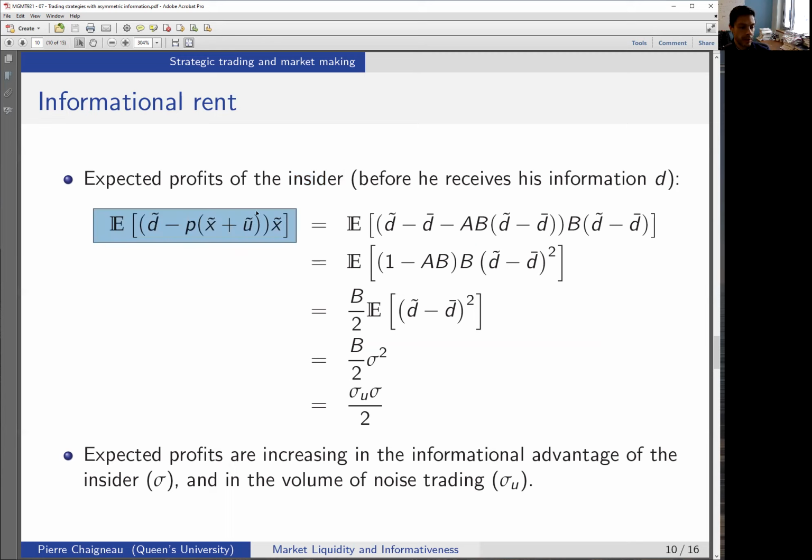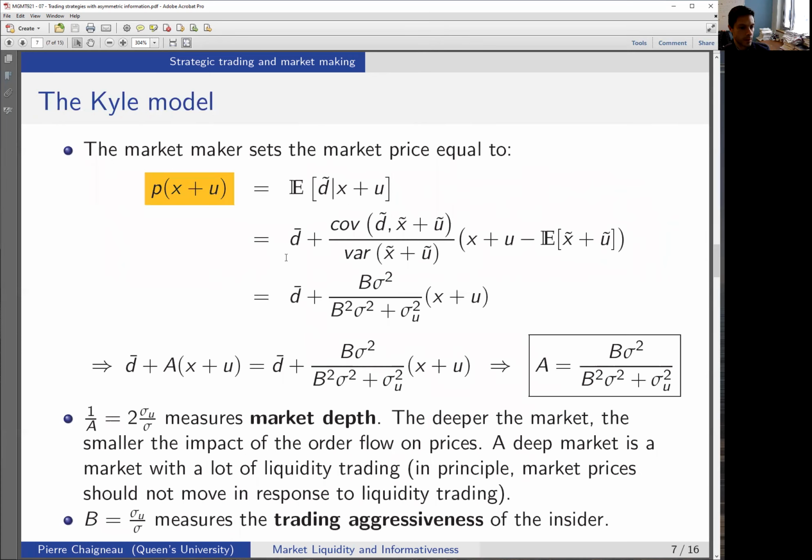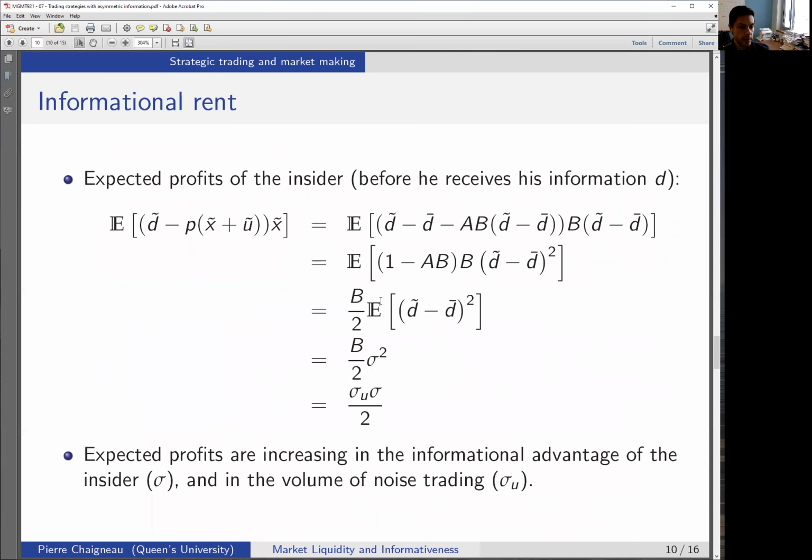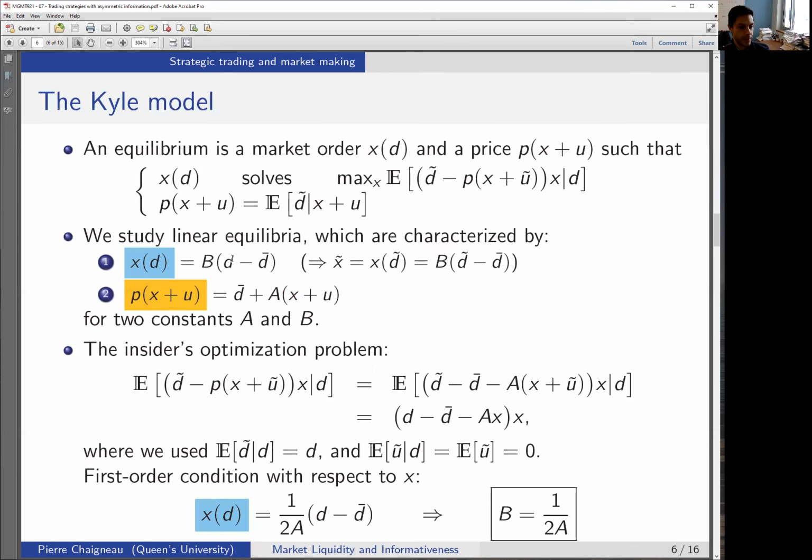Okay, so we start from this expression, which are the expected profits of the insider. And as before, we are going to replace for the price. So what is the price? It's equal to this. So we're going to plug that in. But also in the expression for the price, there's X. So we're going to also replace for the expression for X, which is this.